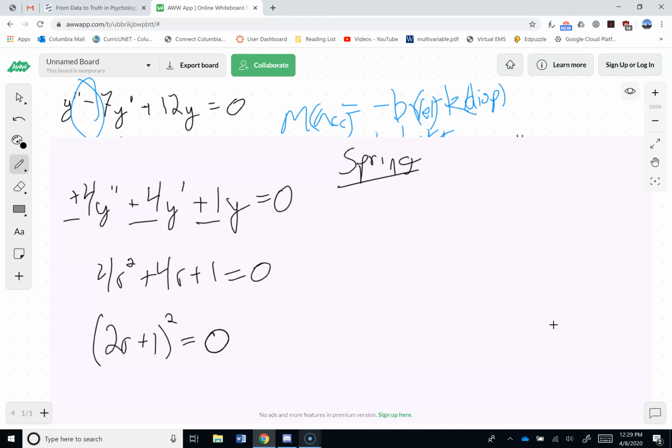And that would tell me that r is minus a half twice. Okay. And so that's going to be the repeated real roots case, which tells me that I'm talking about something that's critically damped.